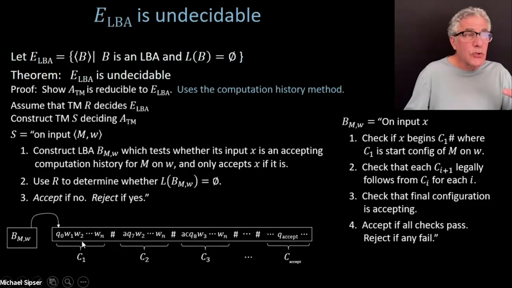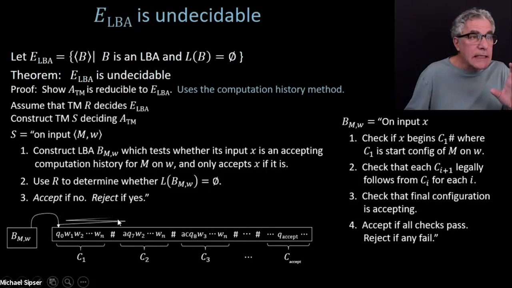So how do you actually do this on the tape? I claim that the LBA doesn't need any extra space to do this check. It's just going to be zigzagging back and forth here on the input, checking that the corresponding symbols match up, except around the head position where it gets updated correctly.